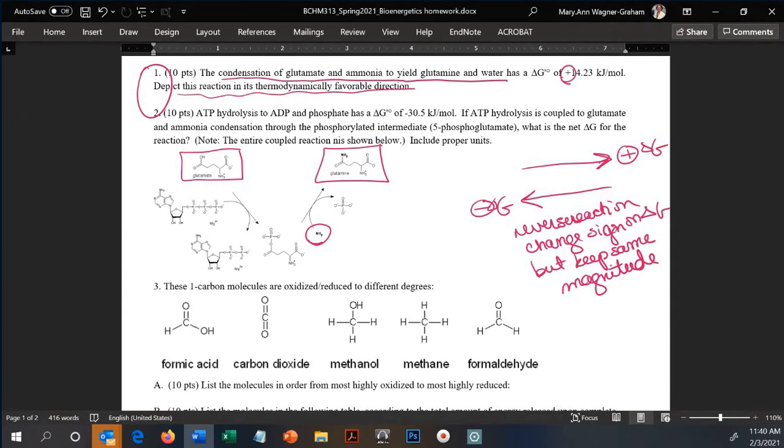And delta G values for reactions are additive in sign and magnitude.